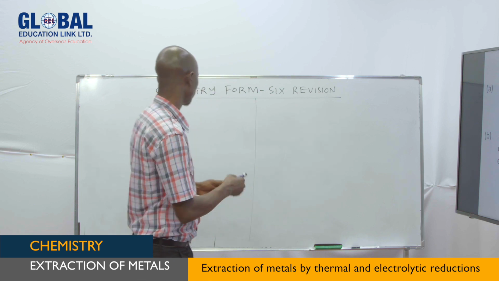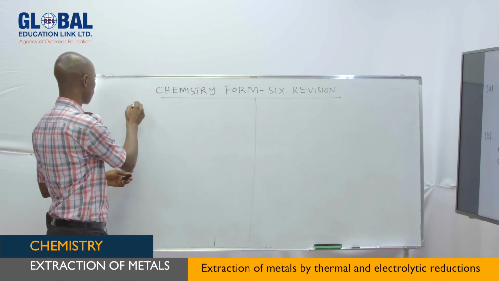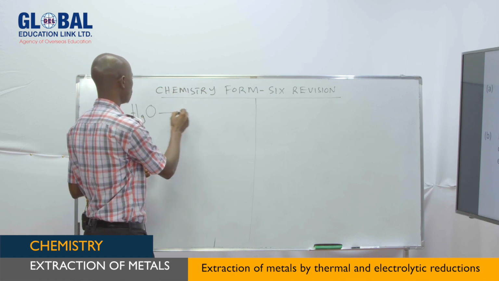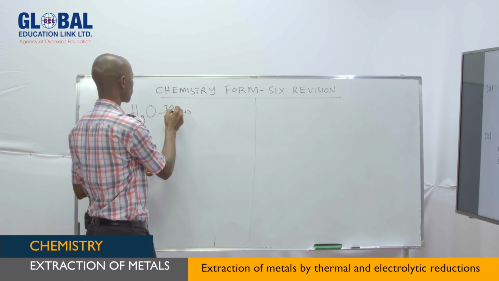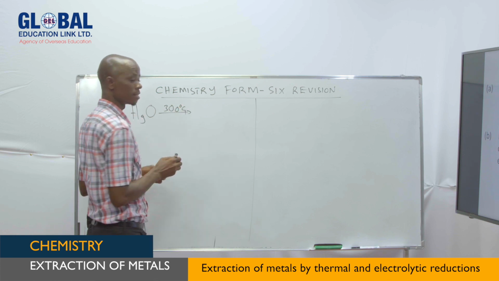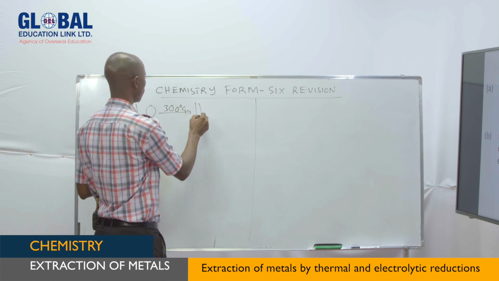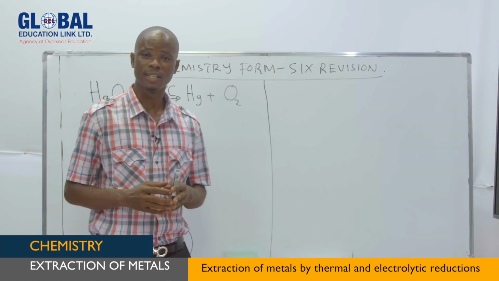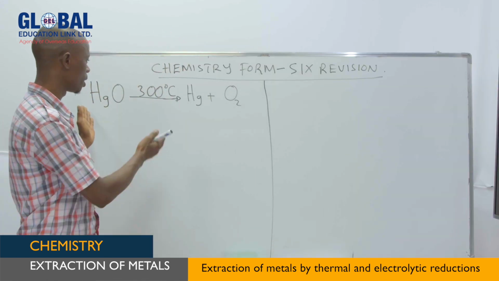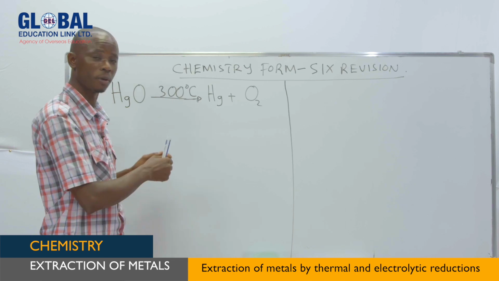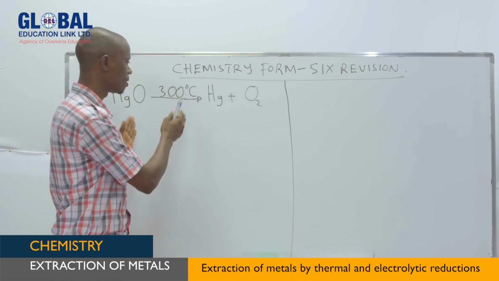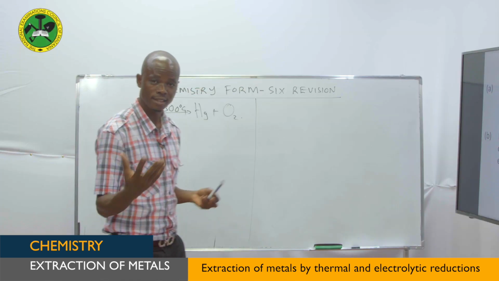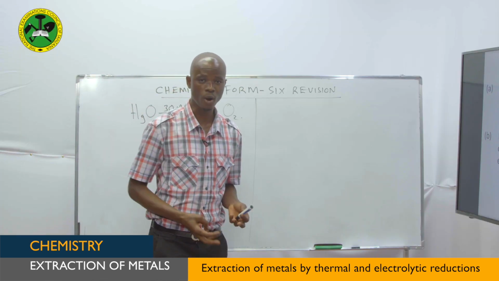That's very simple. Mercury oxide can be heated to about 300 degrees Celsius to get mercury and oxygen gas. Therefore, my dear students, you can take a piece of paper and balance this simple equation. So that is thermoreduction, number 1.